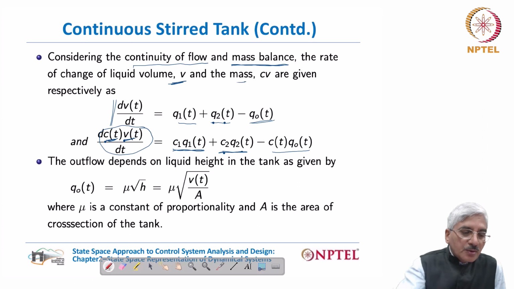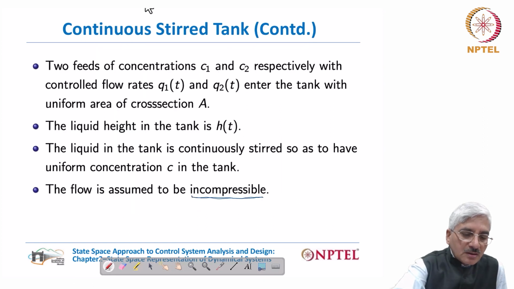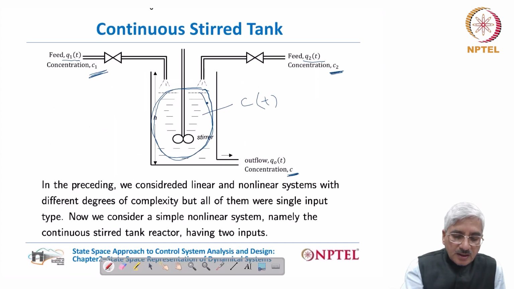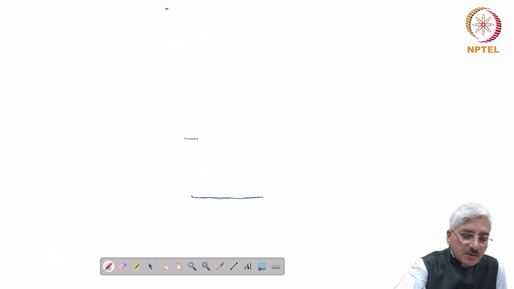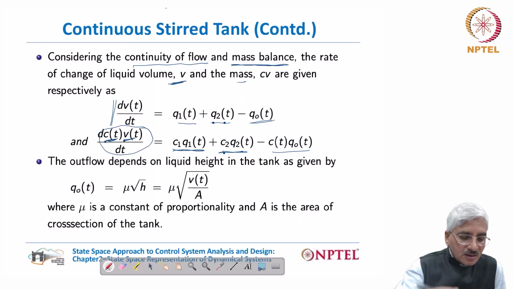Now we also note, this we did in another lecture also, that this outflow will depend upon the geometry and cross section of this flow nozzle, the passage through which the flow takes place, and on the liquid height h in the tank. So it will be proportional to root h if other things are constant.